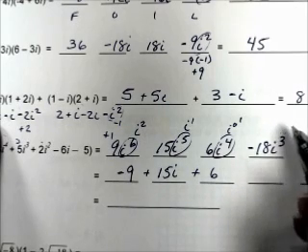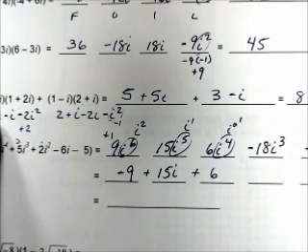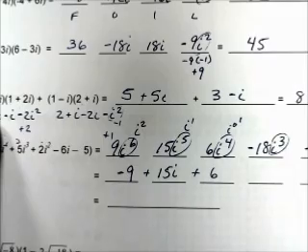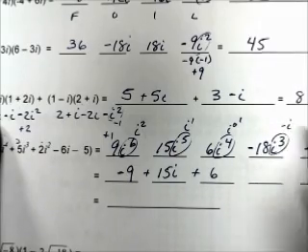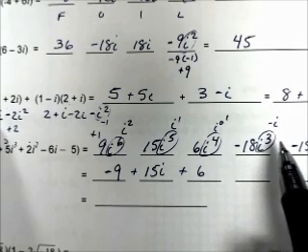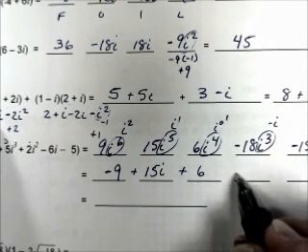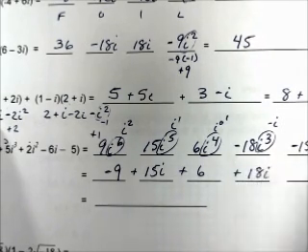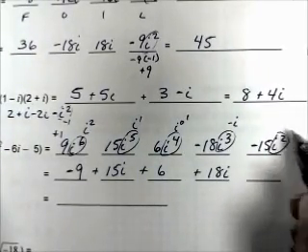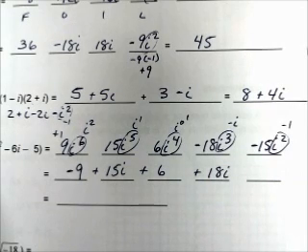i to the 3rd can't be simplified, or we can replace it with negative i, so let's do that. It doesn't divide by 4, but it's equivalent to negative i. So negative 18 times negative i is positive 18i. And then finally, our i squared we know is equivalent to negative 1.